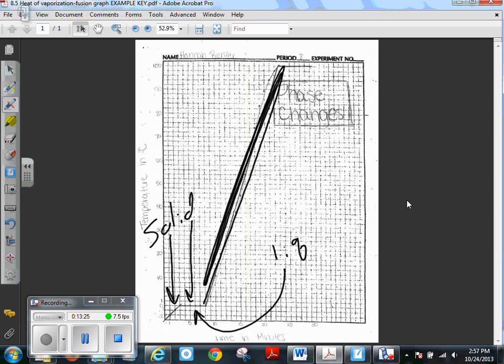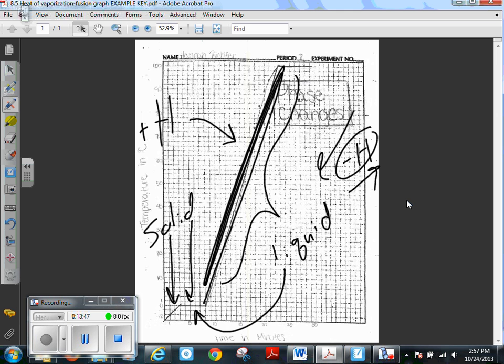Liquid. Okay. And then this whole piece here is all liquid, right? So what is happening on the way up? Am I adding or subtracting heat at this point? So heat here is going in on the way up. If I was going down, then heat would be going out. Okay, that's some physics stuff that you'll pay attention to second semester.